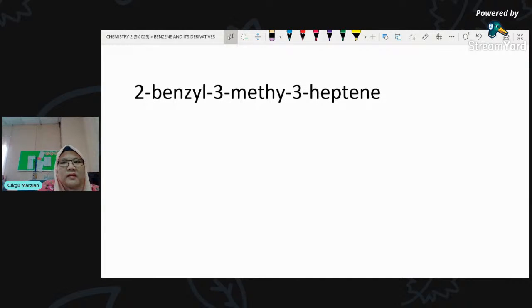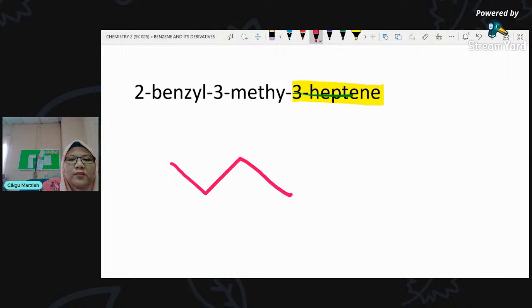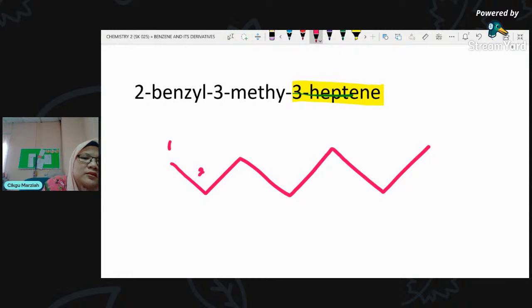2-benzyl-3-methyl-3-heptene. So the parent is heptene. Dah ada double bond. Hept is 7 kan? 1, 2, 3, 4, 5, 6, 7. Let's say this is carbon number 1, number 2, number 3, number 4.